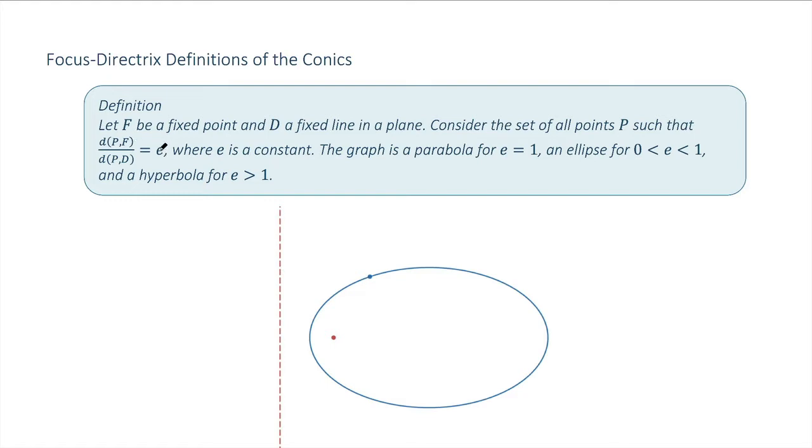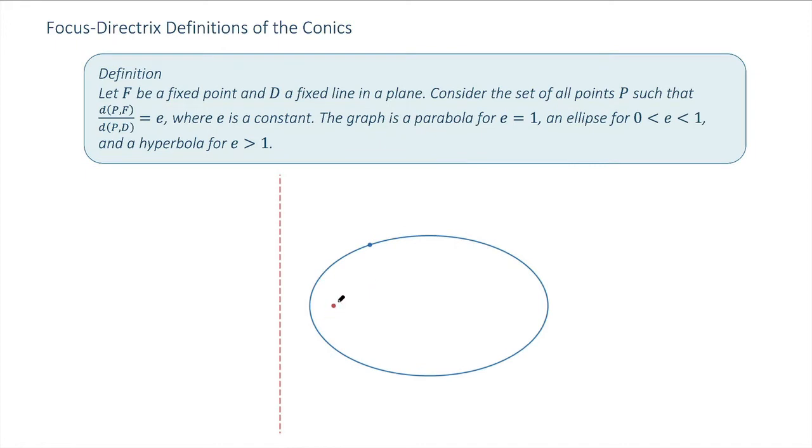This constant number, E, if it's 1, then this gives a parabola. If that number is between 0 and 1, it gives an ellipse, and if that number is greater than 1, it gives a hyperbola. Here we have a picture of an example with an ellipse, of course. We've got here a focus, and we've got a directrix.